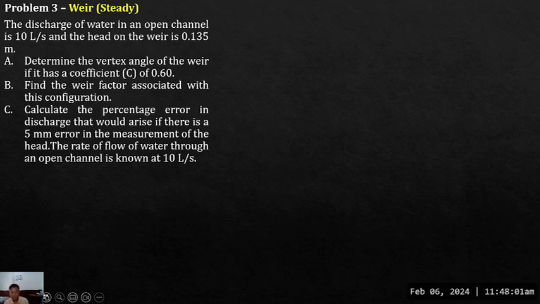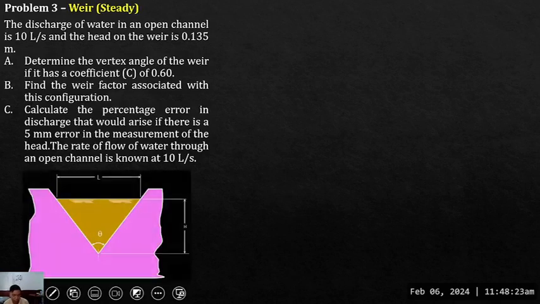And then letter C, you're asked to calculate the percentage error in discharge that would arise if there is a 5 mm error in the measurement of the head. Sige, so meron tayong Q that is 10. You're also given the head, 0.135.